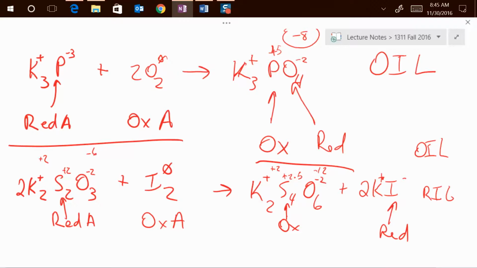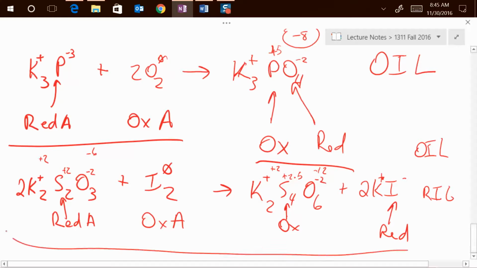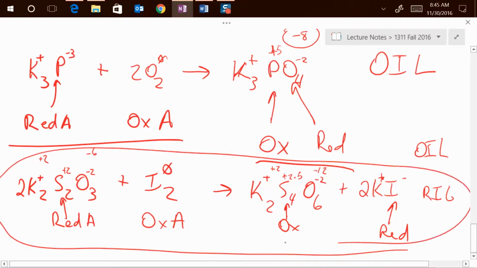So that's how I'd identify these. If you take Chem 2 Lab, you're going to actually look at this reaction in Chem 2 Lab. Okay. All right. Any other questions about that?